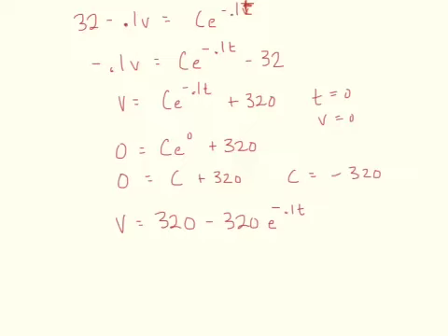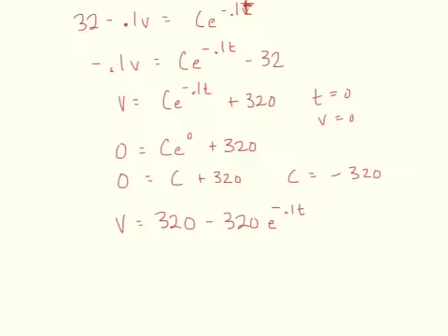So we noticed there we said earlier that the initial velocity equals 0. So if you plug in 0 for t, you will get 0. Also, you should notice that as t approaches infinity, the velocity approaches 320. So for this particular object, the terminal velocity would be 320 feet per second.